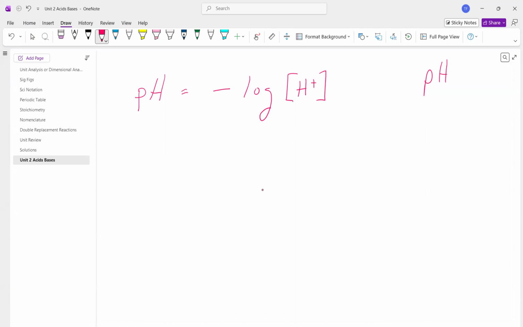Now you should get used to your calculator because calculators differ in how you implement your log function. We're using a common base 10 log as opposed to a base e log, which is called the natural log. So pH is based on the common log.